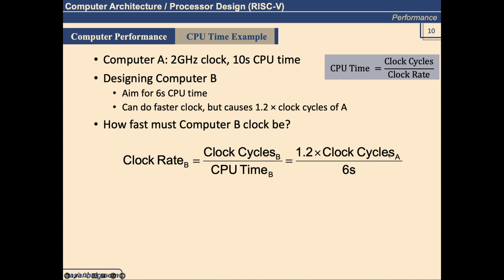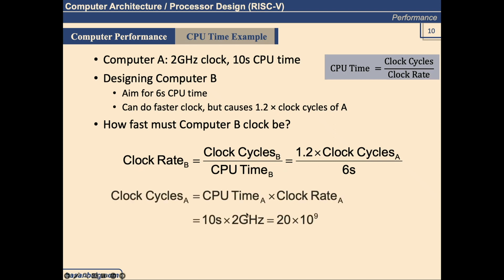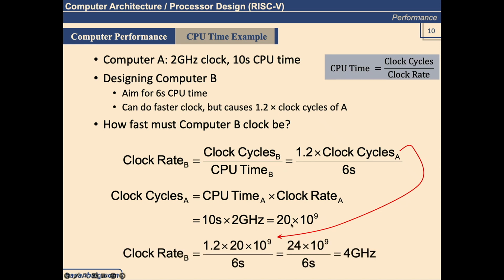How do we calculate this one? We do not know the clock cycles of A, but we do have this data available. We can calculate the clock cycles of A with the help of this information: the CPU time times the clock rate, 2 gigahertz. You multiply this, 20 times 10 to the power 9, and put the same thing in the same formula, and then you get this value.